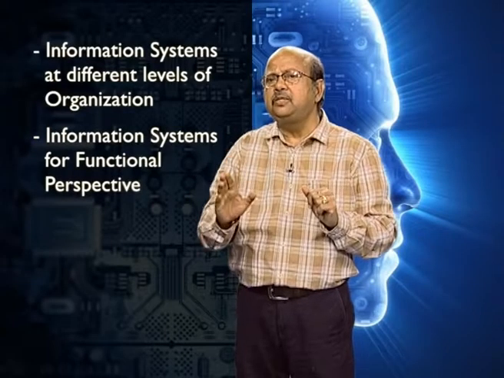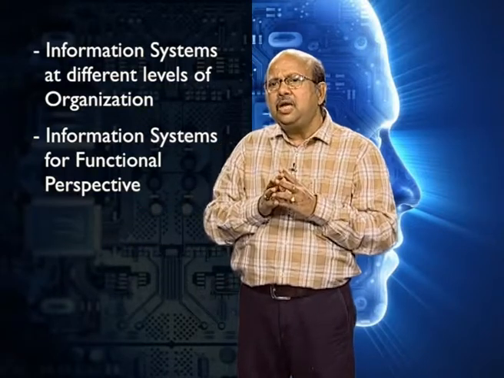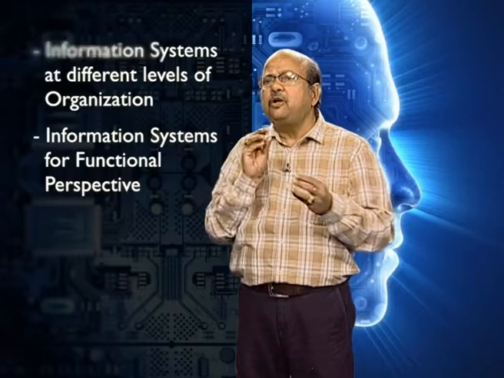Let us understand that whatever information systems we discussed, we can categorize in two ways: information systems at different levels of the organization, and information systems from a functional perspective. There are certain information systems for a particular function. For example, sales automation is one information system.